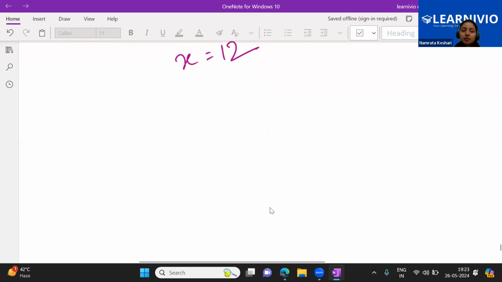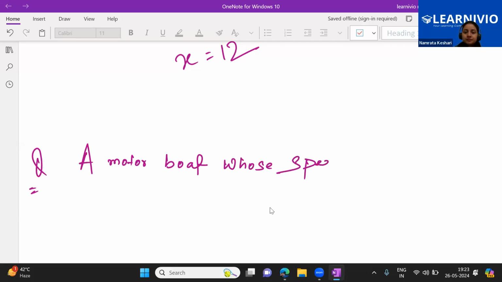There is a motorboat whose speed is given in still water.